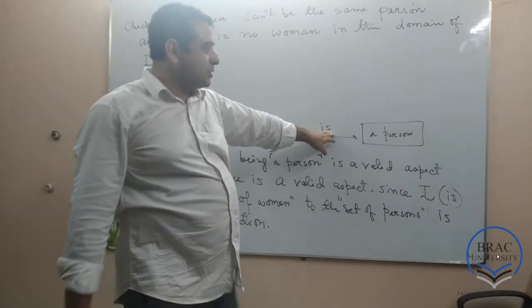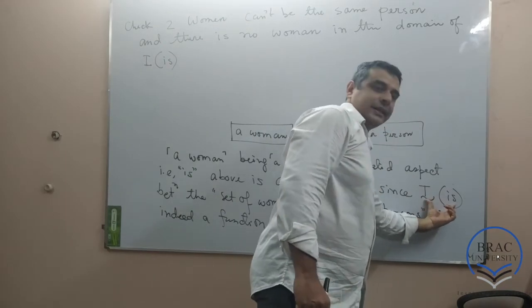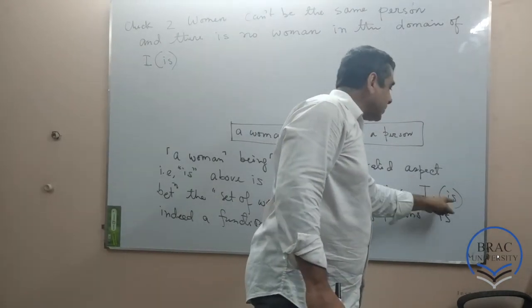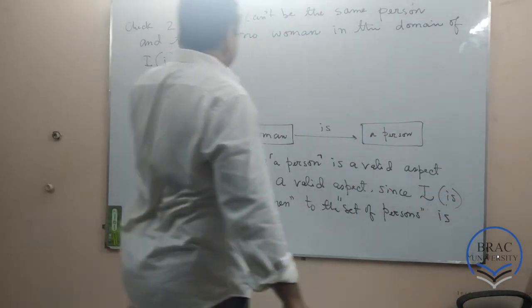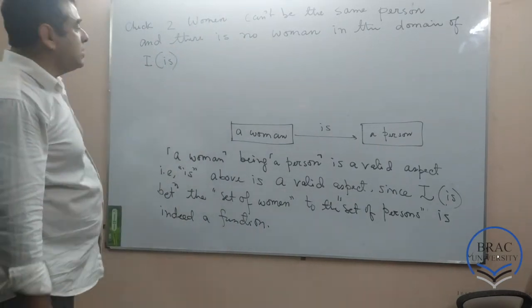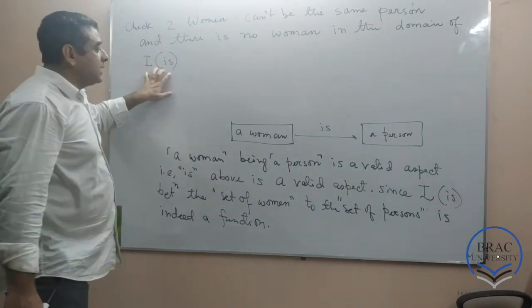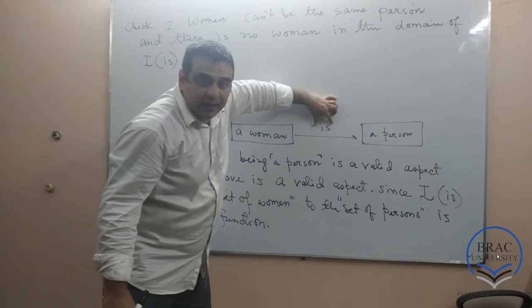I'm saying the domain of this function. Instance functor acting on the aspect gives you a function. So it's valid to talk about the domain of this guy instead of the domain of this aspect.